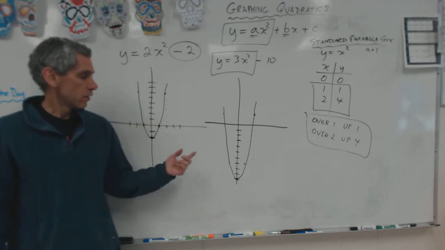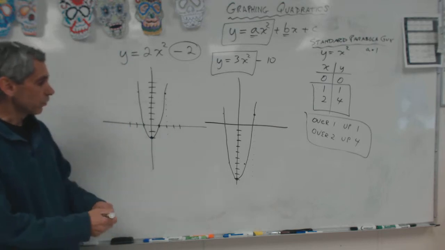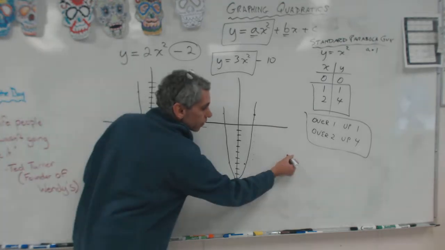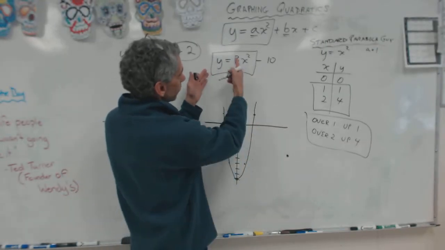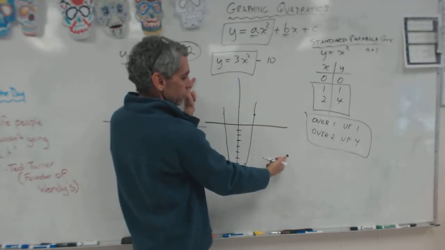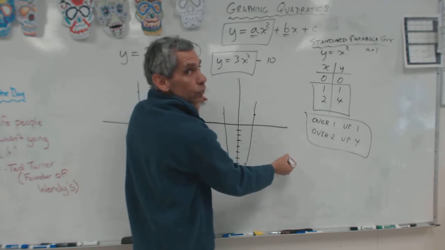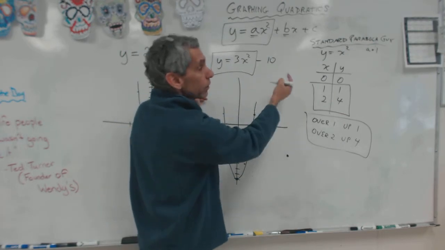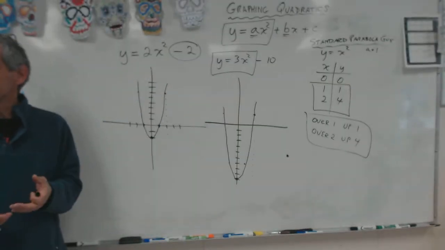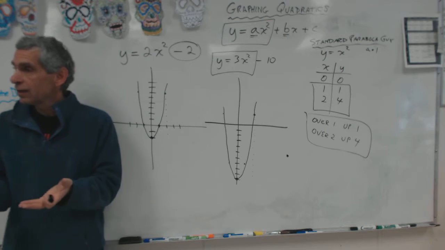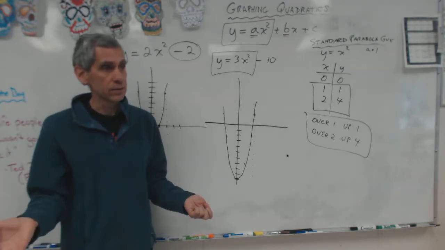And once we figure out where the vertex is, say there was a B in this, and that was the vertex, I would go over 1, up 1, up 1, up 1. Over 2, up 4, up 4, up 4, 3 times, right? No big deal. I just use that wherever that vertex is. So, would you agree with me that the most important part of graphing a quadratic equation is figuring out where the vertex is?